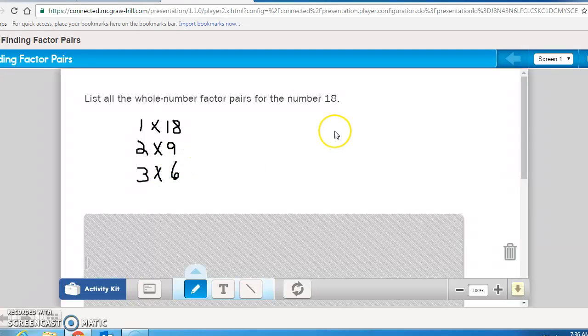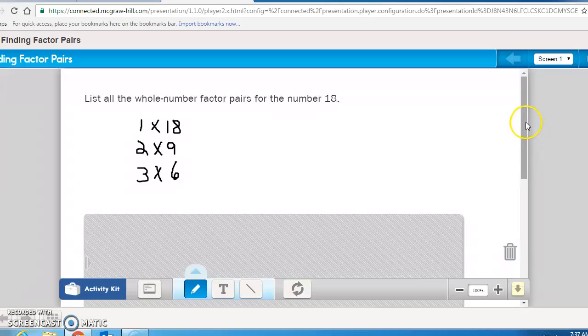Is 4 times anything 18? Well, 4 times 4 is 16, and 4 times 5 is 20. So no, 4 is not a factor of 18. Is 5 times anything 18? Well, no, because anything multiplied by 5 has to end in a 5 or a 0 in the ones place. And then we're back up to the number 6.